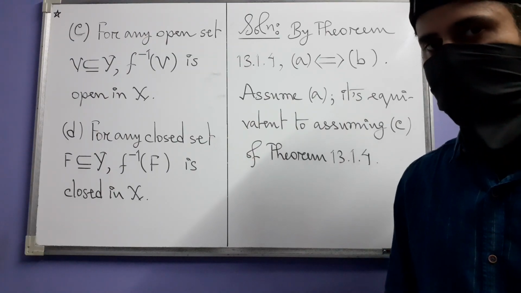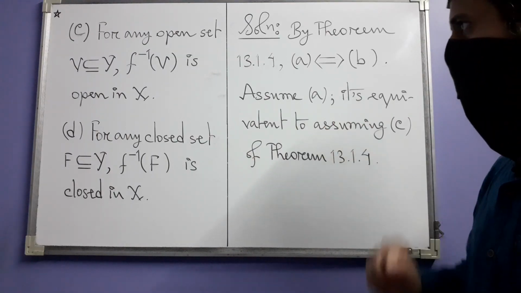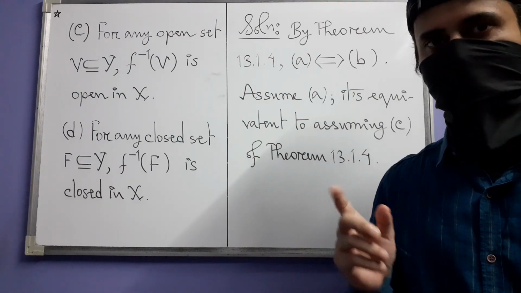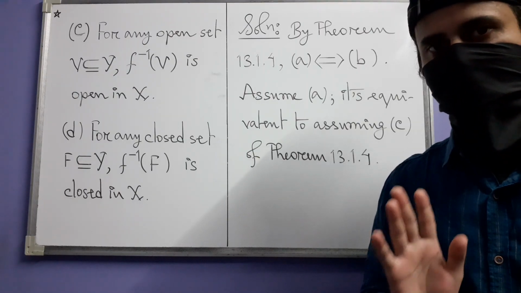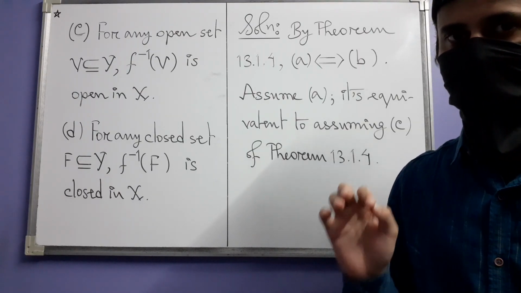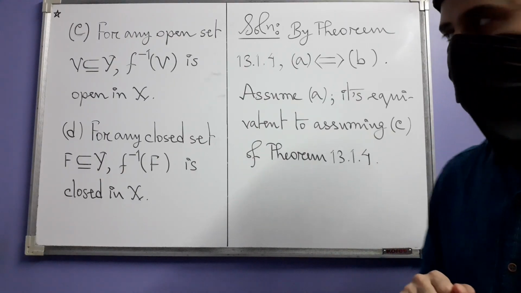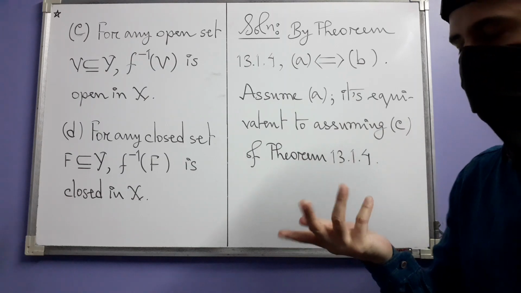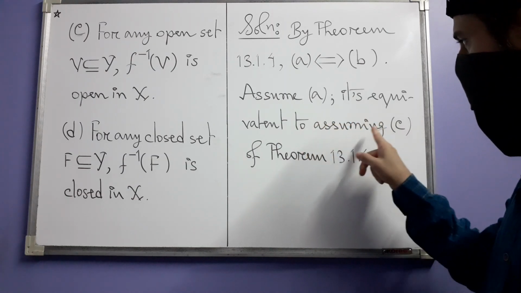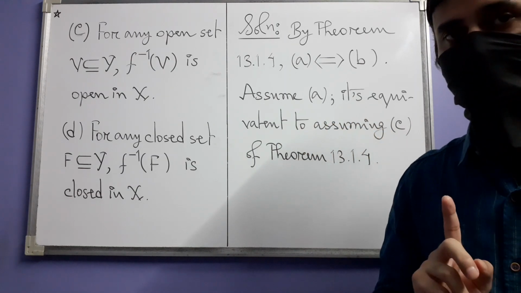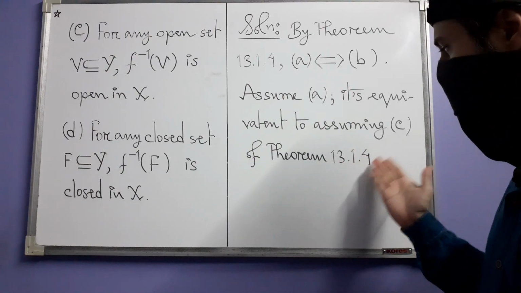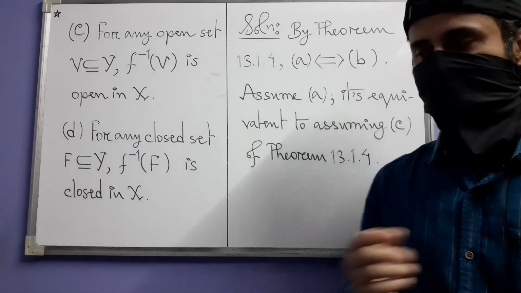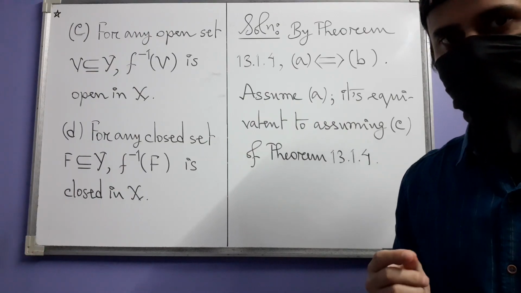So next we assume statement A. That means we are assuming that f is continuous. That just means that f is continuous at every point of the space X. And we also mentioned that assuming that A is true is equivalent to assuming that C is true of theorem 13.1.4. You go back and see what the statement C was.